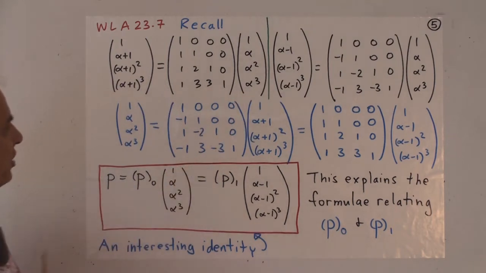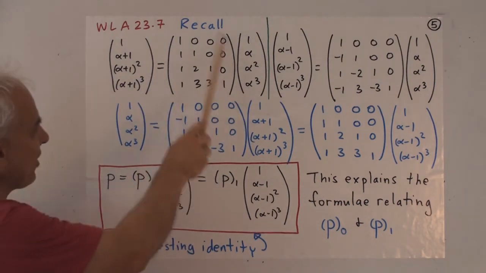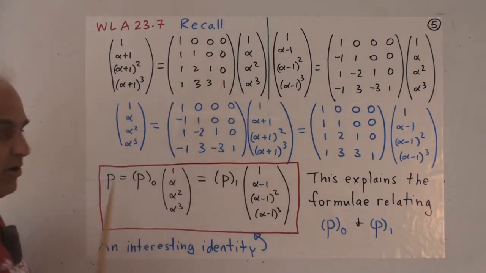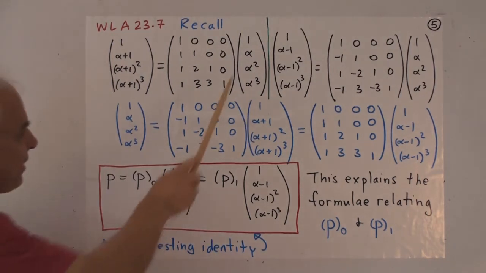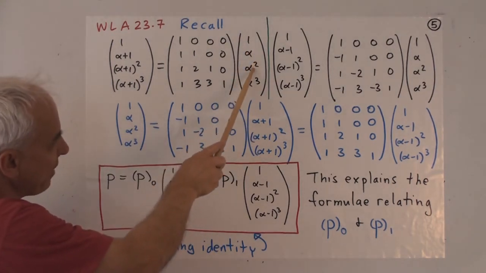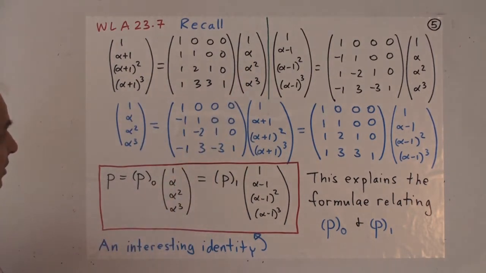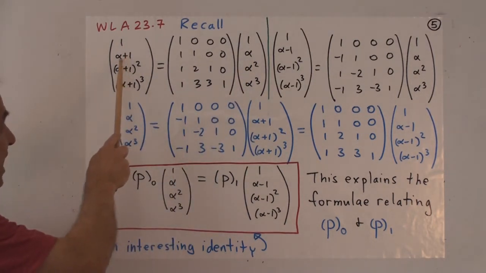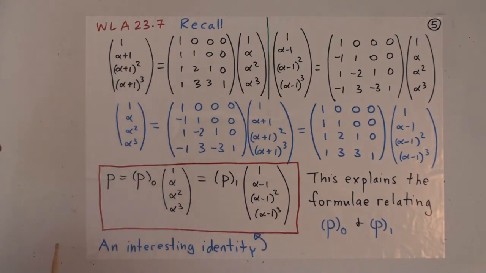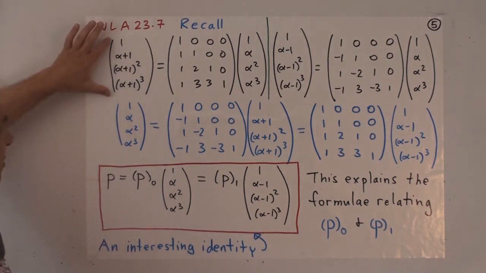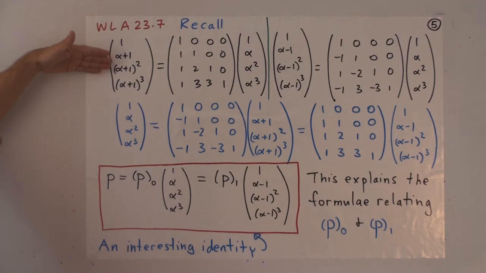So have a look at this equation here. Here's that same Pascal matrix, but now it's appearing on the left, with a vector 1, alpha, alpha squared, alpha cubed. So these are the powers of alpha forming a vector. And here are the powers of, say, alpha plus 1. So this is just the binomial theorem expressed in matrix form.